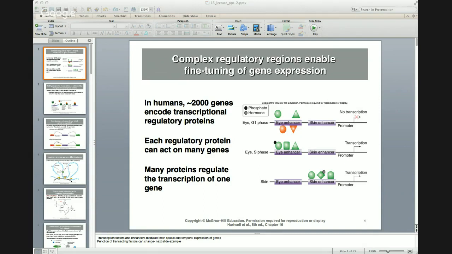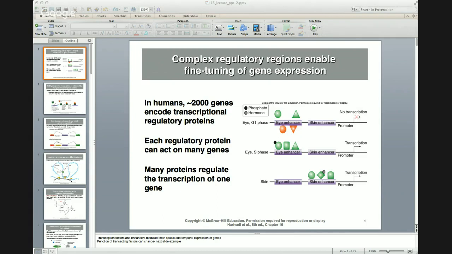But the presence of an insulator between the enhancer and the RFP prevents that RFP gene from being transcribed. So insulators located between the enhancer and the promoter block access of the necessary transcription factors to the promoter, and hence prevent expression from occurring.